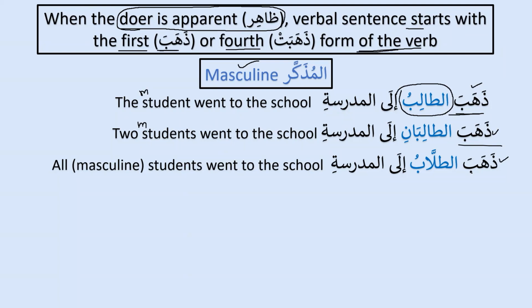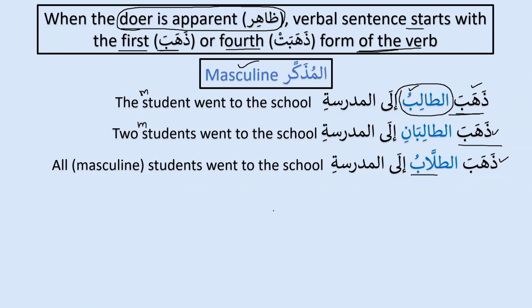It can be any other verb, for example, jalasa, whatever we have learned, qatala, sa'ala, daraba, nasara, all the verbs. So whenever the doer is apparent and the doer is always fa'il, then it will be marfu. And also for the singular doer, for the dual doer, and for the plural doer, the verb used is only the third person singular, which is ذهب.